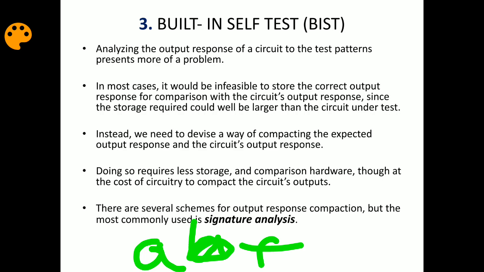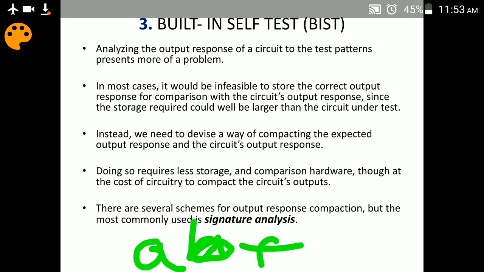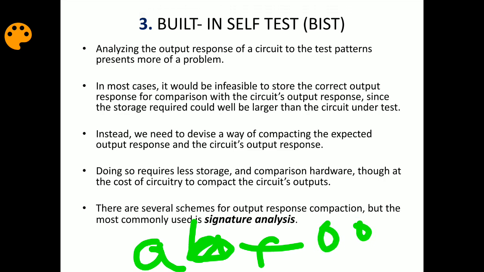Let this be the output, and these will be the variables. For 0 0 the output is 0 for the OR gate, 1 0 output is 1, 1 1 output is 1, 0 1 output is 1. So we'll take only these combinations.